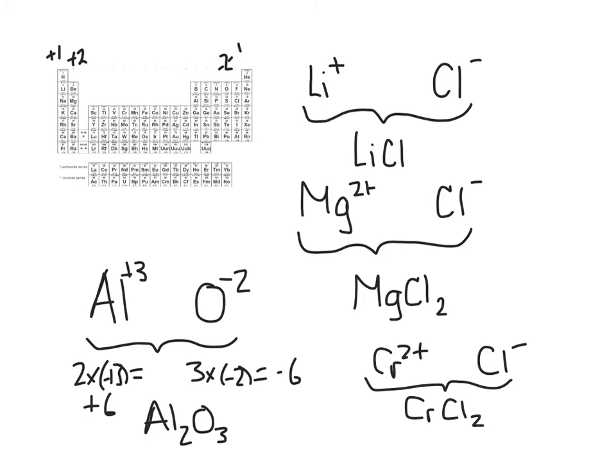But chromium could also have a 3+ charge, so I might have chromium 3+ with chlorine, and then the formula would be CrCl3, because I need 3 negative charges to balance the positive 3 charge on this chromium. CrCl2 and CrCl3 are both known compounds, and they are different from one another and have very different properties.